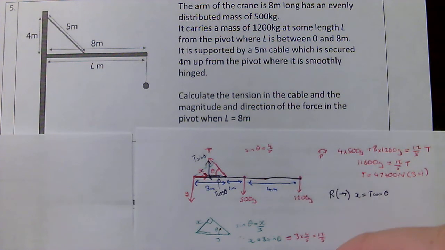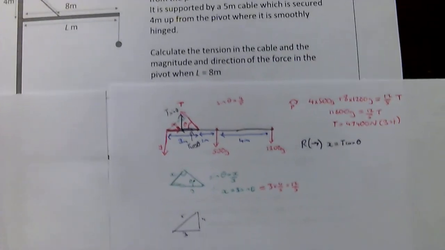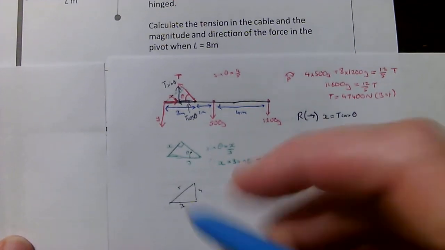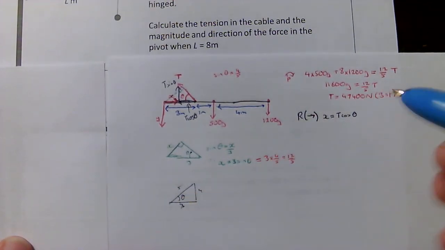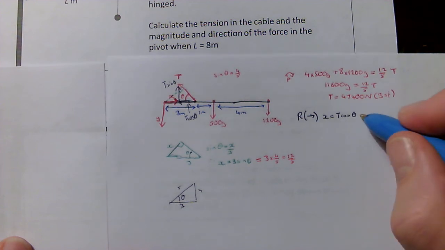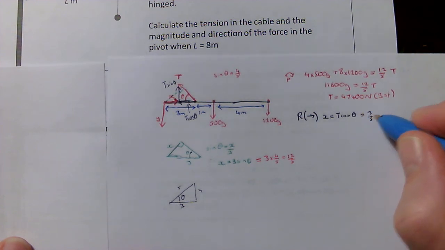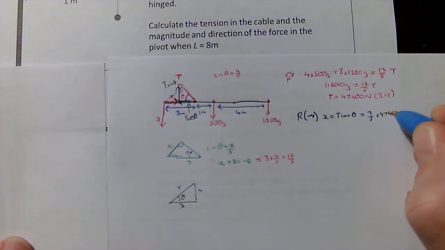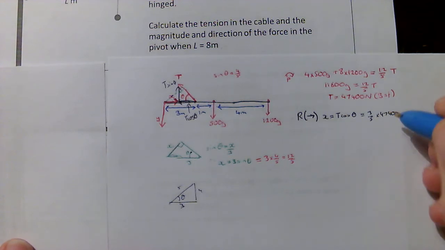Now I know that sine theta equals 4/5, so let's do my triangle: 4, 5, so this must be 3. So cos theta equals 3/5. So X equals 3/5 times 47,400. Ideally you'll have that stored in your calculator as a more accurate value. So 0.6 times my answer gives me 28,420.